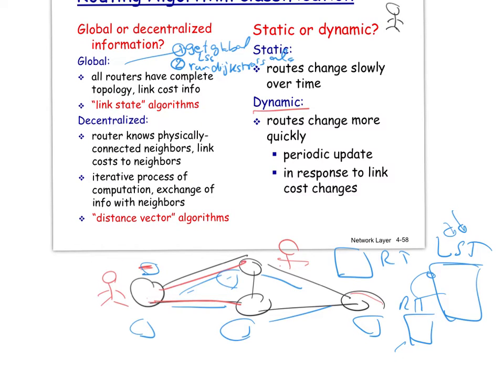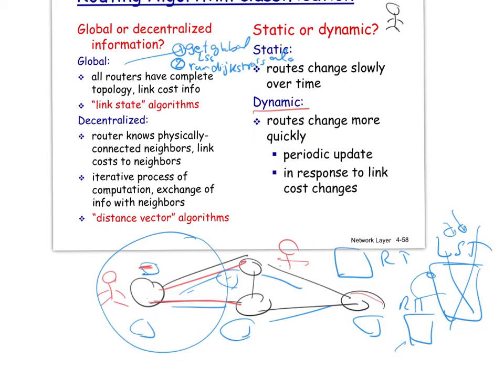The decentralized approach, or what we call distance vector, is slightly different. We don't have to maintain this link state table at all, right? Each router will have only a partial view about the network. Each router maintains a partial view.